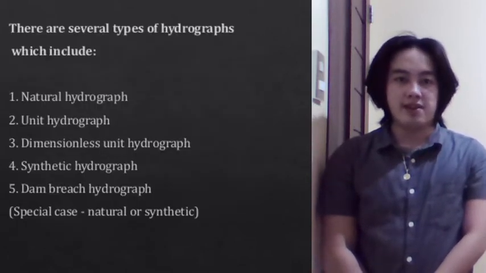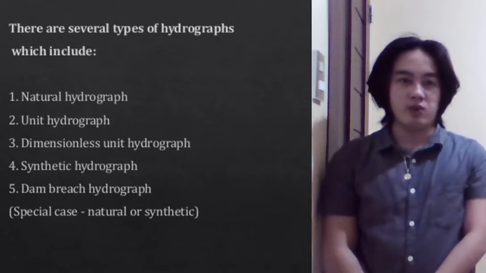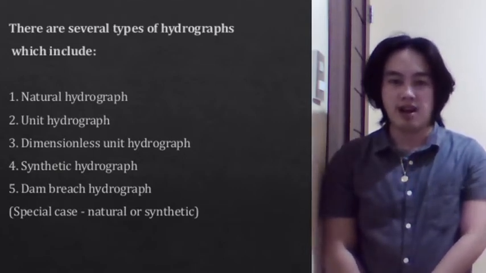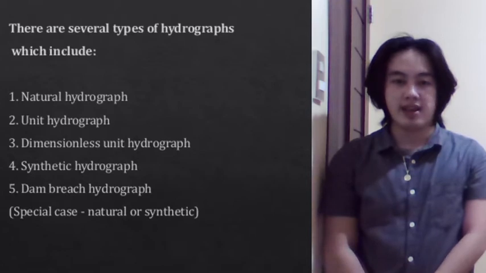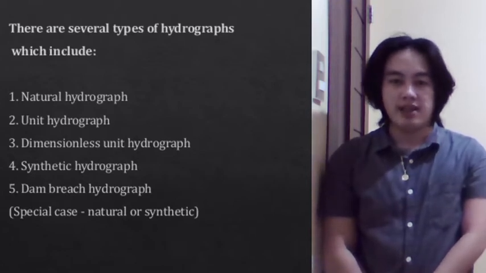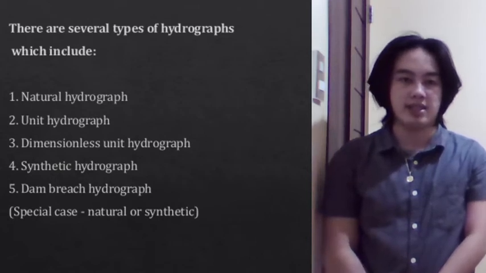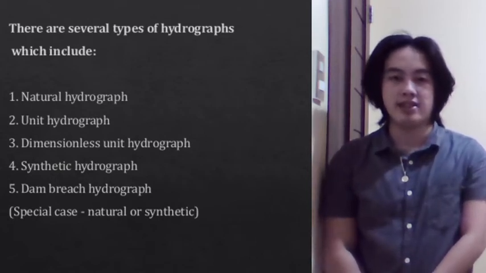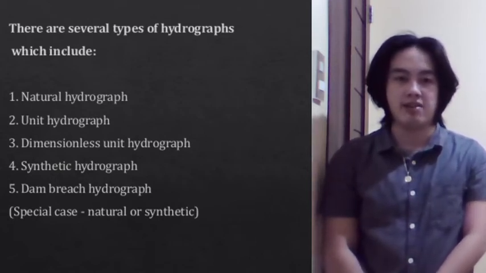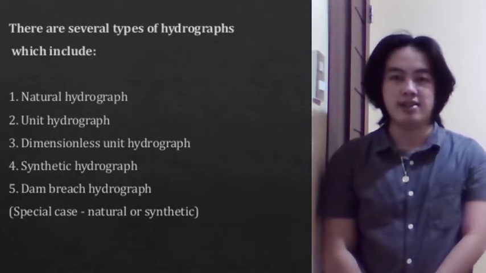There are several types of hydrograph. The first is the natural hydrograph, the second is the unit hydrograph, the third is the dimensionless unit hydrograph, the fourth is the synthetic hydrograph, and lastly the dam break hydrograph, a special case that can be natural or synthetic.